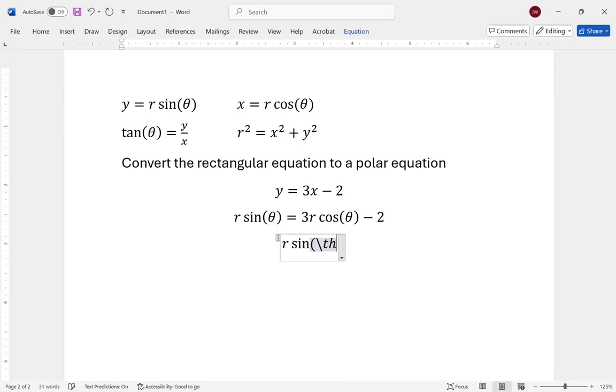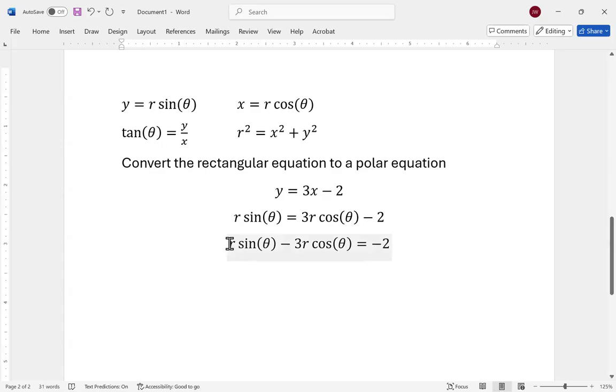That'll give you r times sine of theta minus 3r times the cosine of theta is equal to negative 2.